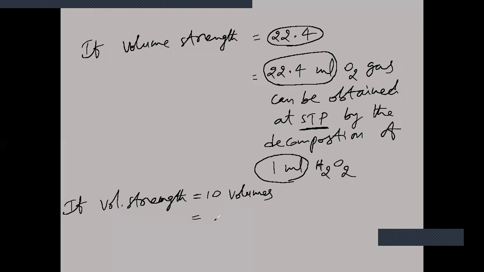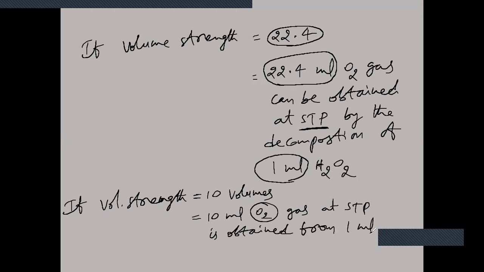If volume strength is 10 volumes, it means 10 ml O2 gas at STP is obtained from 1 ml H2O2. From 1 ml H2O2, how much is coming? 10 ml of O2. This is called the volume strength concept.